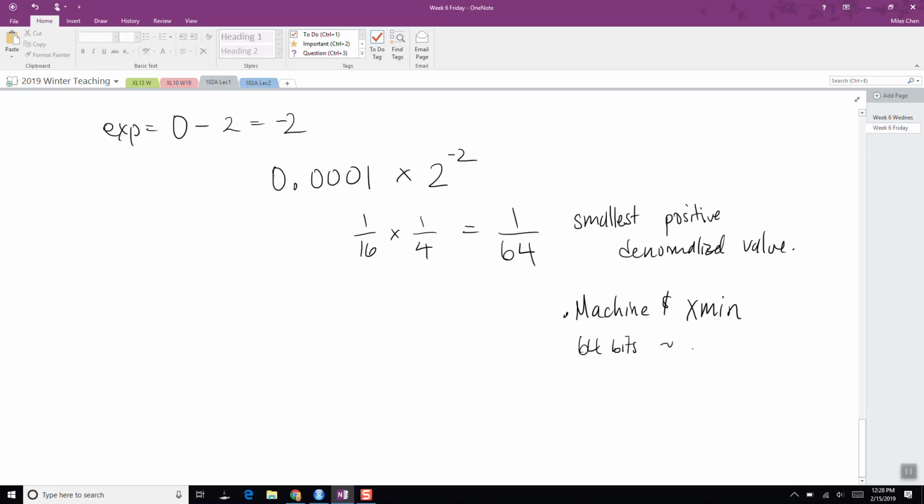It's about 2 to the negative 10. I'm sorry, it's actually less than that. Well, all right, I'm not sure. So anyway, smallest possible denormalized value we have is 1/64. And then again, all zeros just becomes 0.